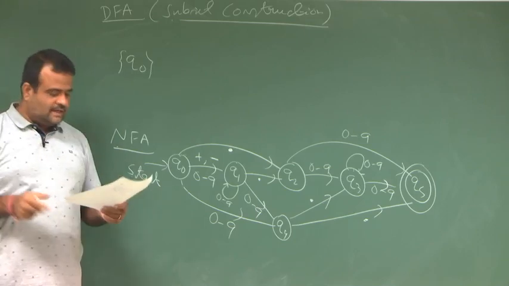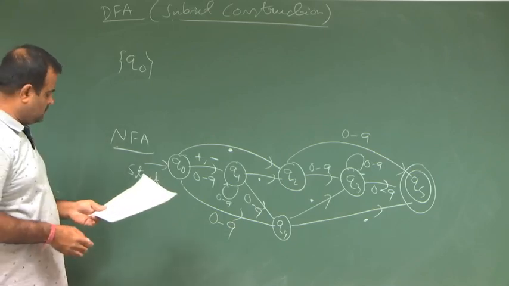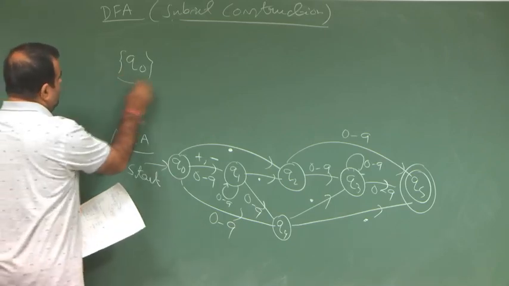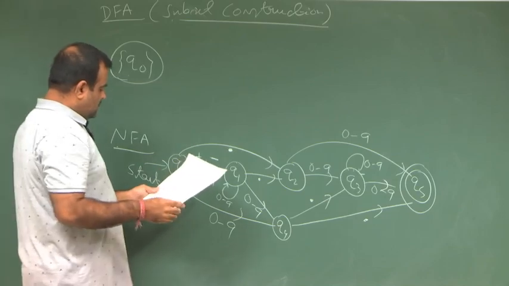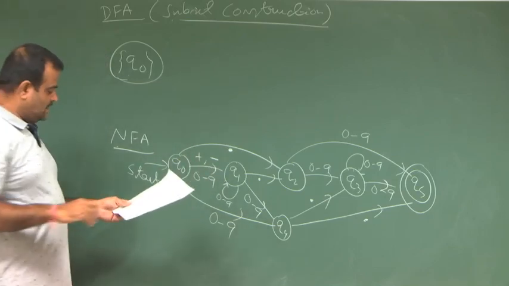So, we had that delta transition rule table, and I will just draw the diagram here. The transition rule table is there in the previous lecture.